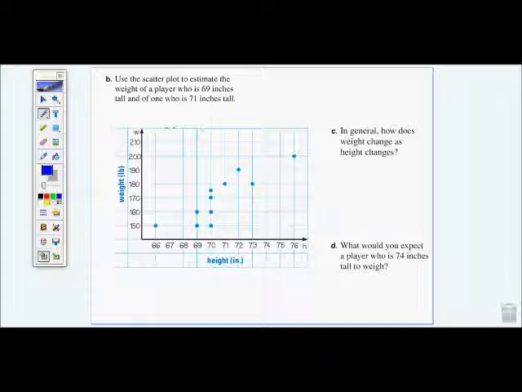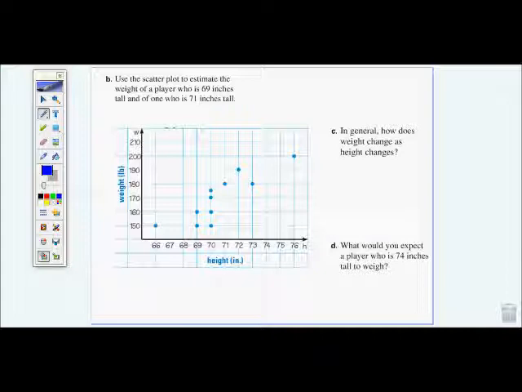So if we wanted to estimate the weight of a player who is 69 inches tall and one who is 71 inches tall, we could do that by looking at the scatter plot. The two players who are 69 inches tall weigh 150 and 160. So a good estimate would be that another player might weigh about 155 pounds if they were 69 inches tall.